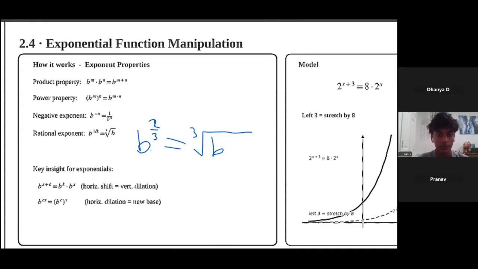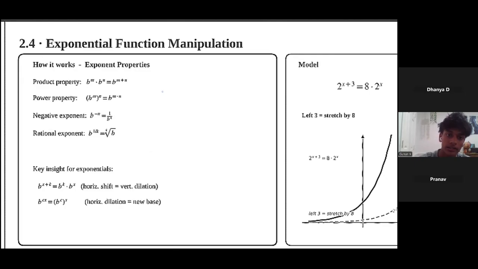And these exponent laws are going to help us a lot when we're actually solving equations. For example, let's say 2 to the power of x times 2 to the power of 3 equals the cube root of 2 to the power of 2.